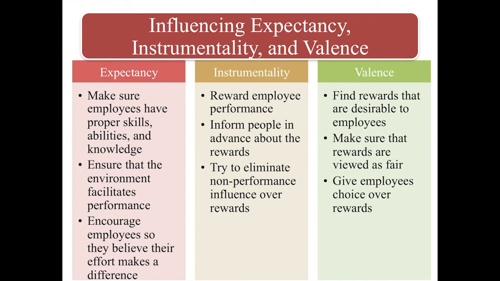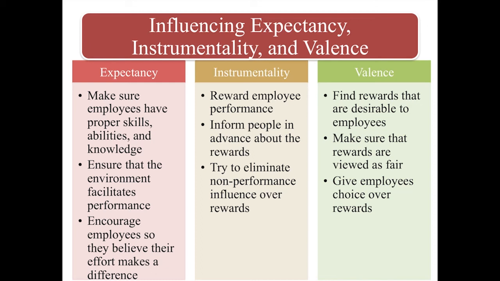So when thinking about expectancy, again, this relates to training and making sure employees have proper skills. You want to make sure you have an environment that facilitates performance rather than dampening it, and encourage employees so that they believe and know that their effort makes a difference. If a problem is instrumentality, you want to reward employee performance every time, even if that's just to say doing a great job.